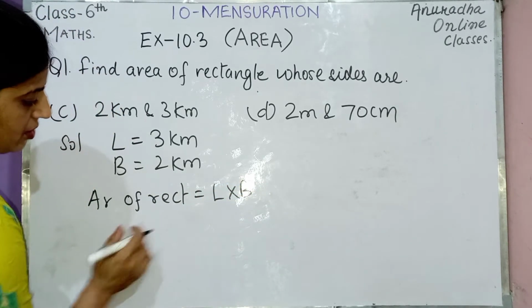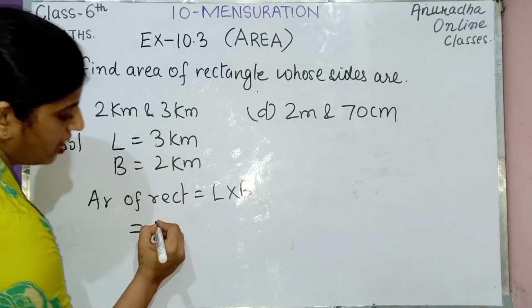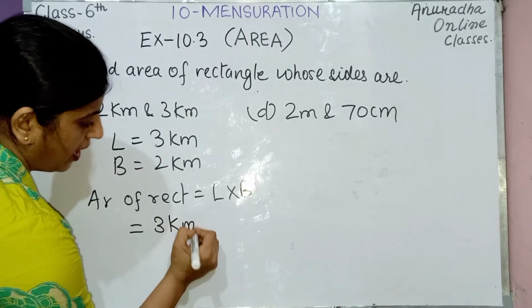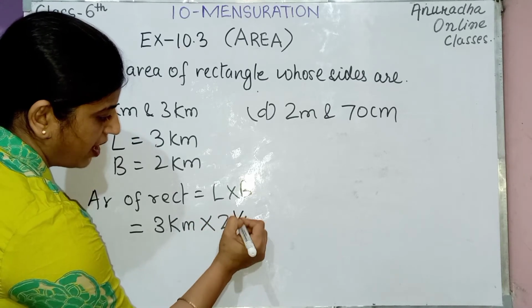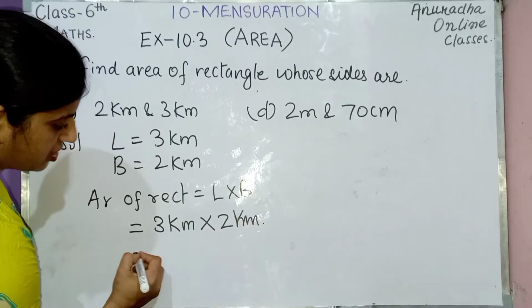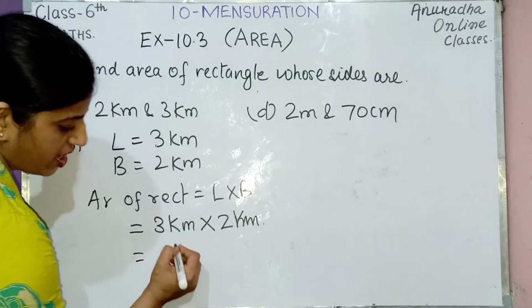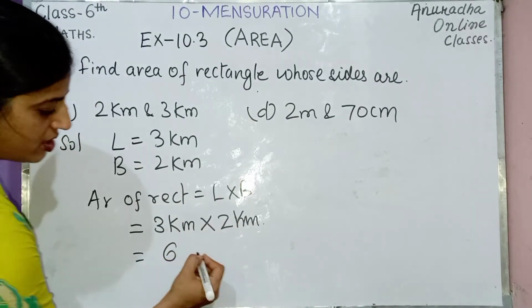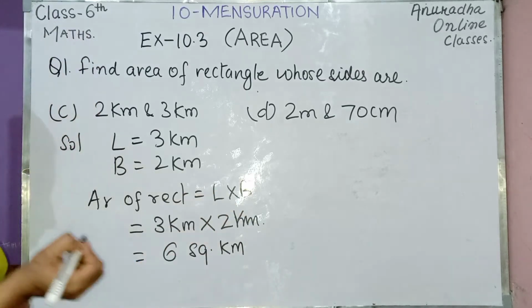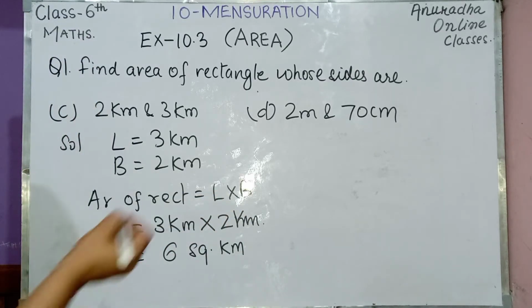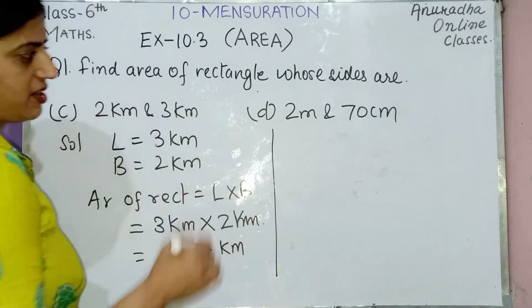See, your L is 3 kilometer and we will multiply into 2 kilometer, that is the breadth, 2 kilometer. That will be equal to 3 2s are 6 and kilometer into kilometer is square kilometer, or you can write kilometer square. Anything you can write.